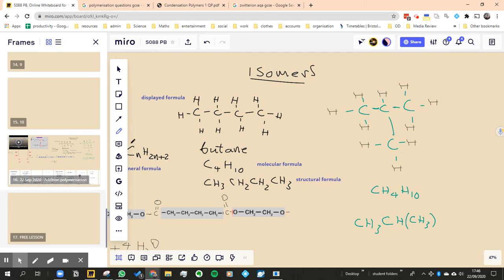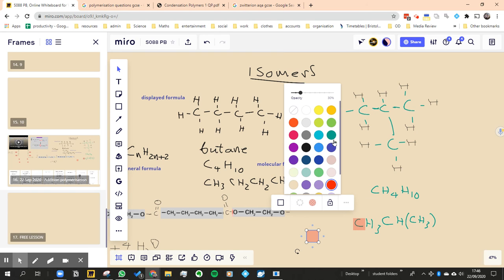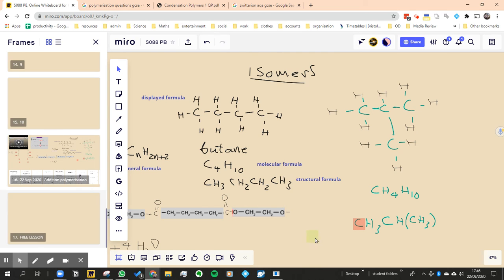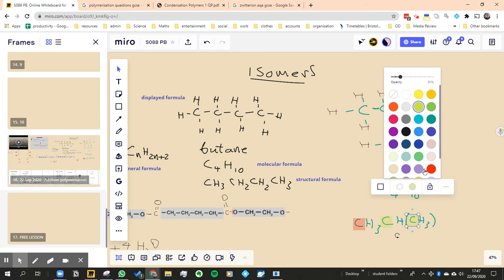So if I did some boxes, some transparent boxes. Let's make a different color, and let's make that one blue.